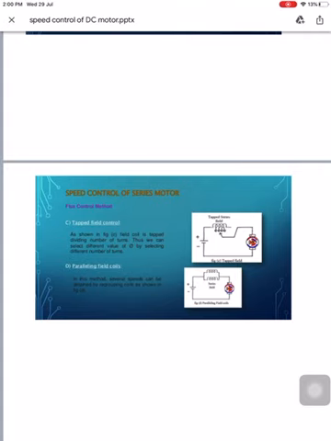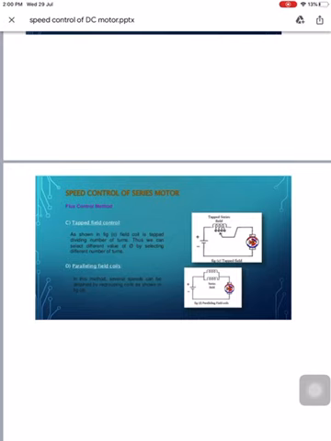A variable source of voltage separated from the source supplying the field current is needed. This method avoids the disadvantages of poor speed regulation and low efficiency of the armature resistance control method. Here the basic adjustable armature voltage control method of speed control is by means of an adjustable voltage generator called the Ward-Leonard system.